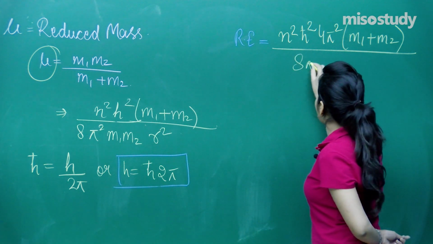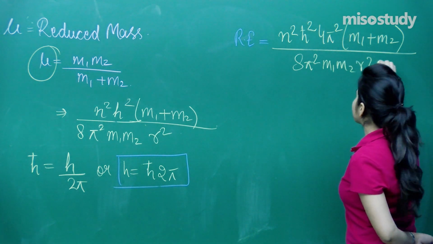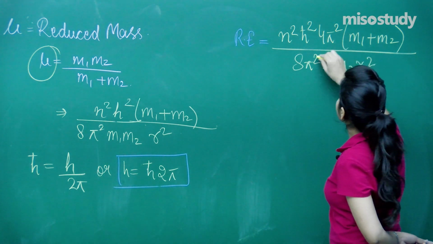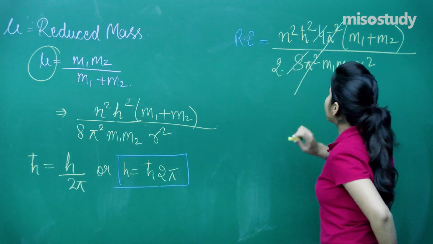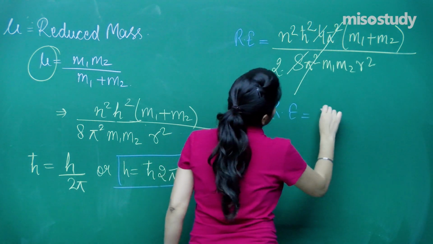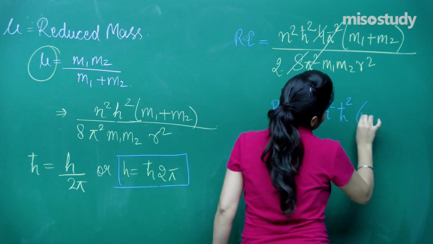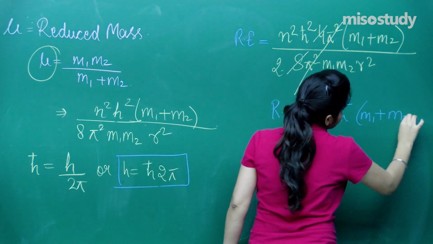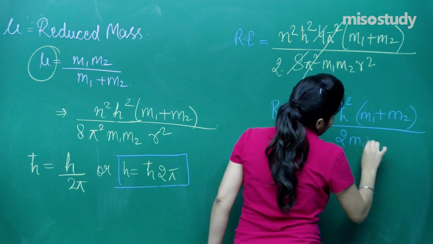Here it is 8 pi square m1 m2 into r square. Now this pi square cancels, and this cancels 2 times. Now you are left with rotational energy equals n square h cross square into m1 plus m2 divided by 2 m1 m2 r square.